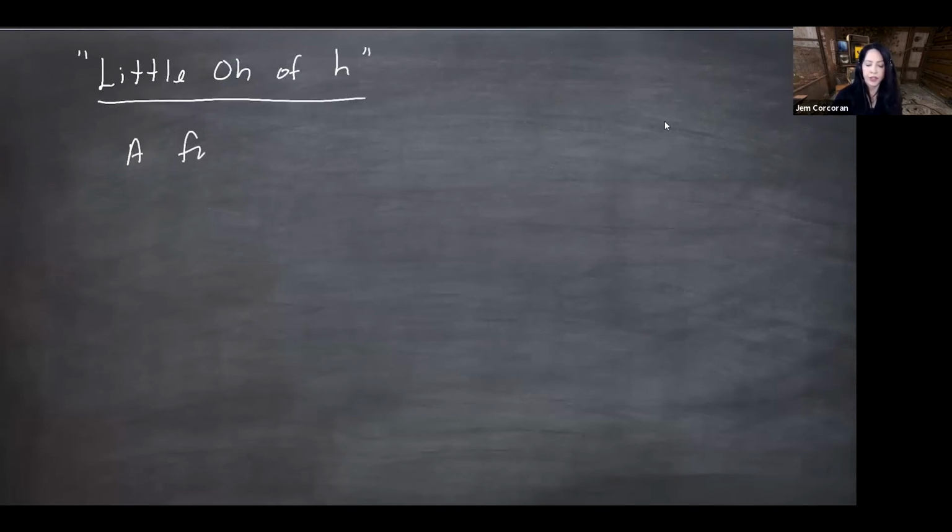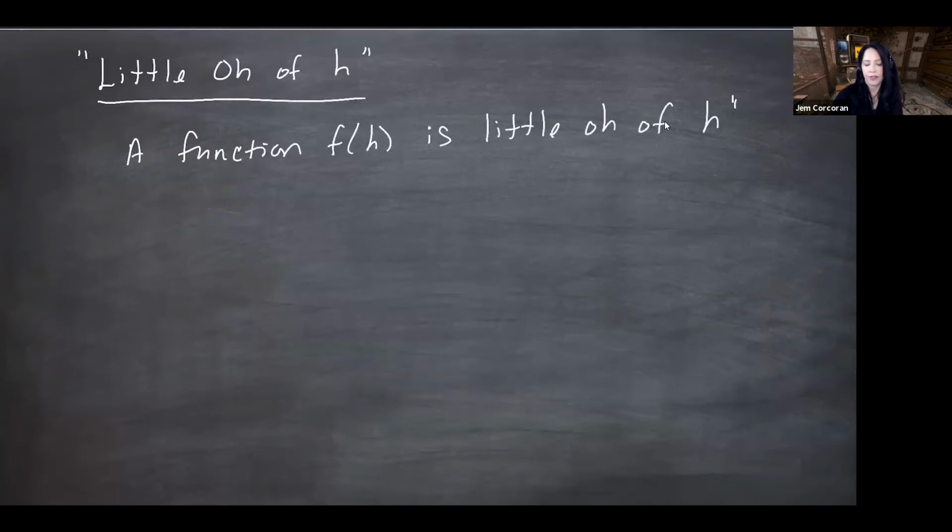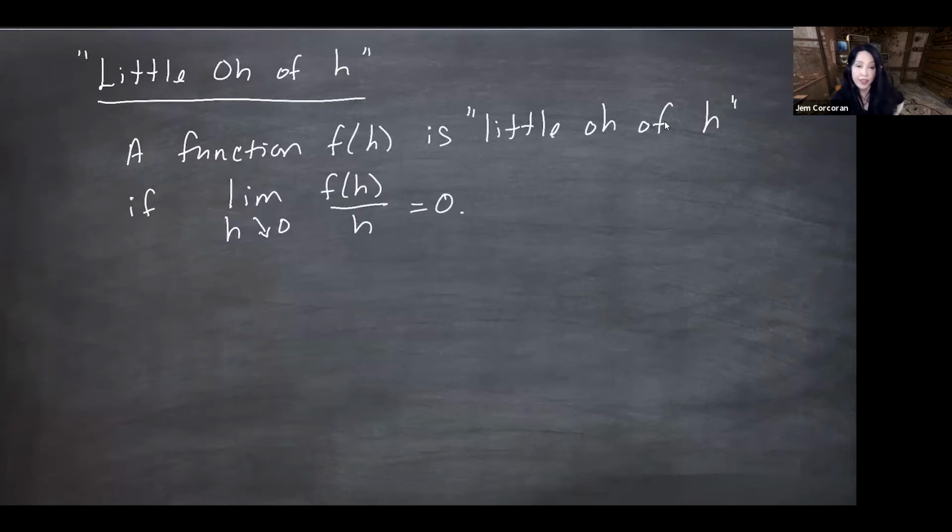So a function f of h is little o of h, there's a better way to write that, if the limit as h, a positive number, goes down to 0 of f of h over h is 0. So the denominator is blowing up. So the only way this can go to 0 is if the numerator goes to 0. And it needs to be going fast enough to kill this denominator that is also trying to blow things up.